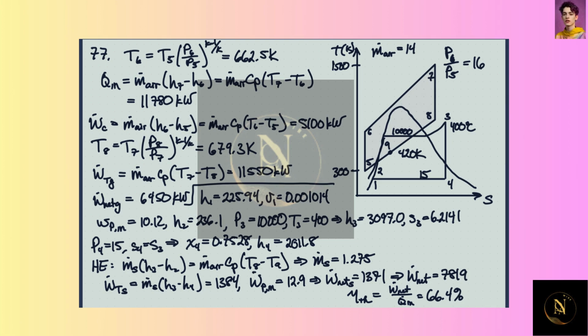Okay, I used a heat capacity of 1.005. So use Cp equals 1.005 kilojoules per kilogram Kelvin. That is pretty much room temperature air, if I remember right.